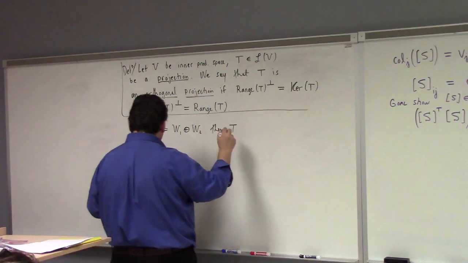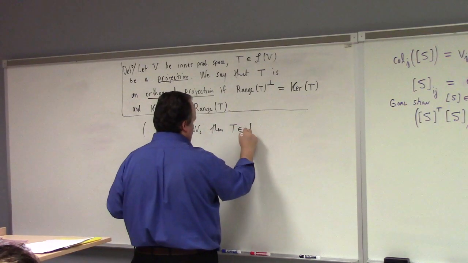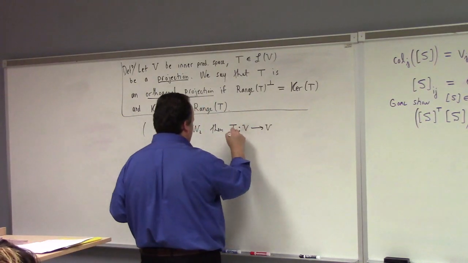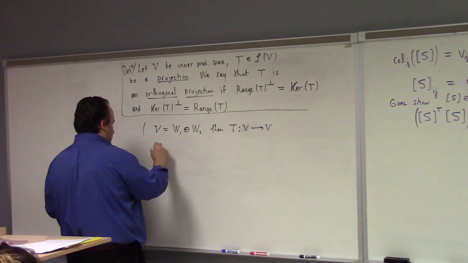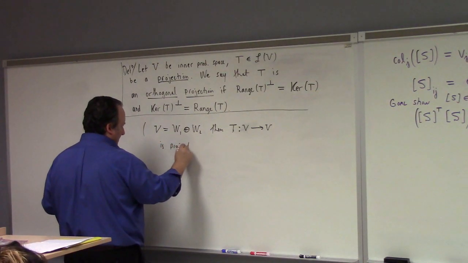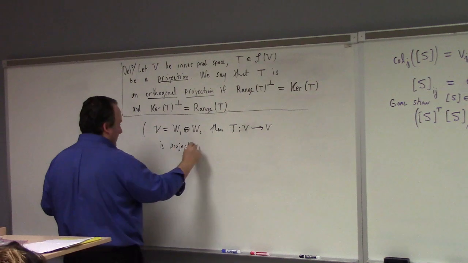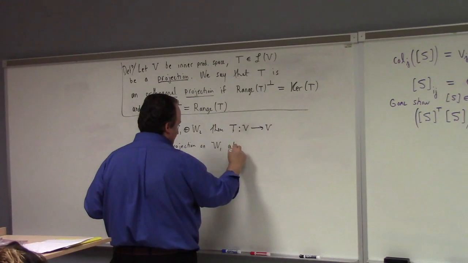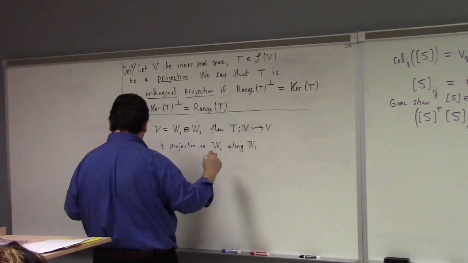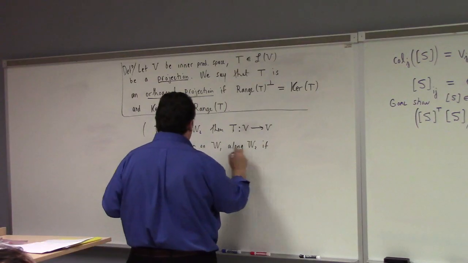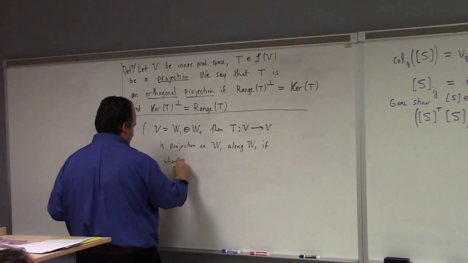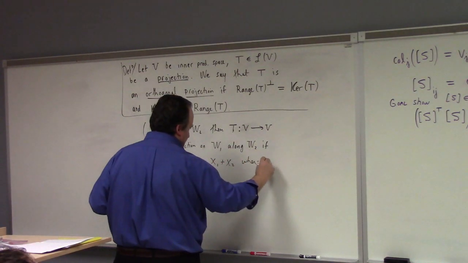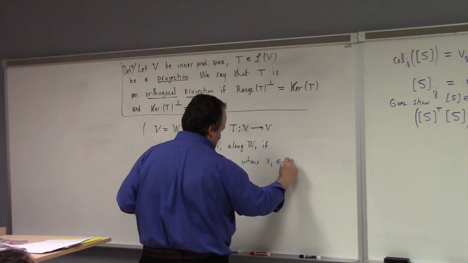If V is W1 direct sum W2, then T, a linear transformation on V, is a projection on W1 along W2 whenever x is equal to x1 plus x2, where of course x sub i is in W sub i.